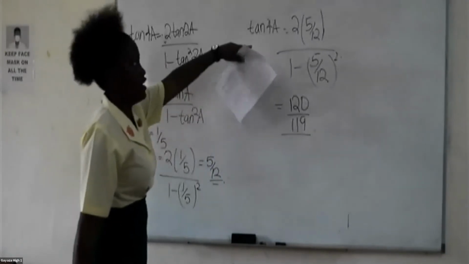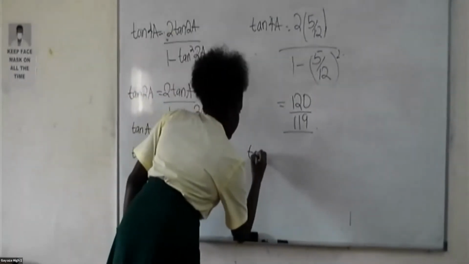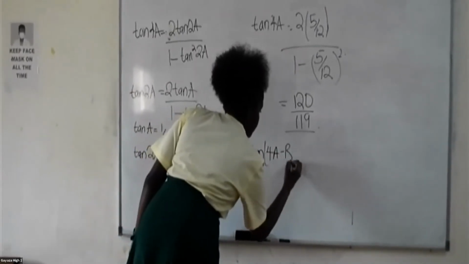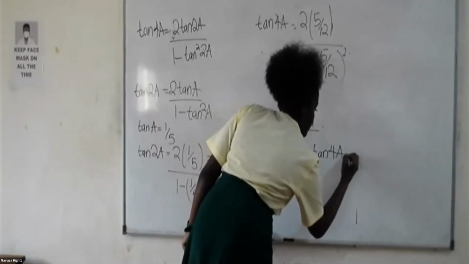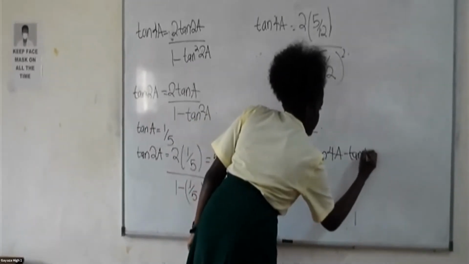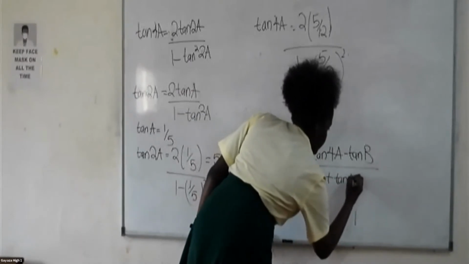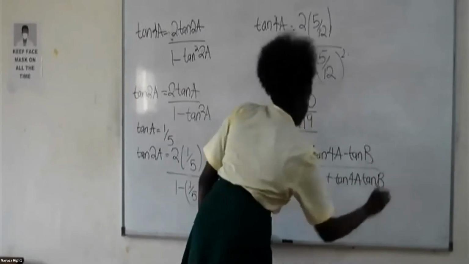So from this, you realize you have tan 4A, and our compound angle formula had tan of 4A minus B equal to tan 4A minus tan B out of 1 plus tan 4A tan B. So we can substitute.